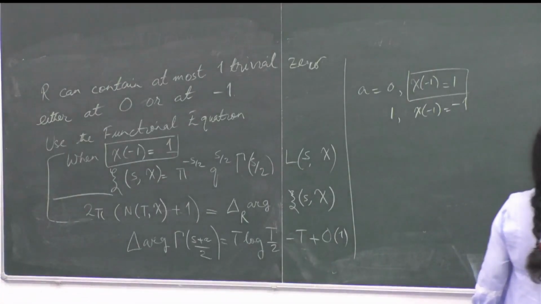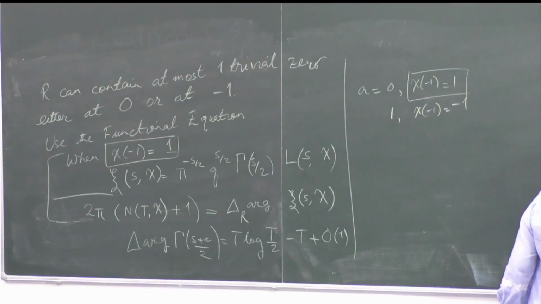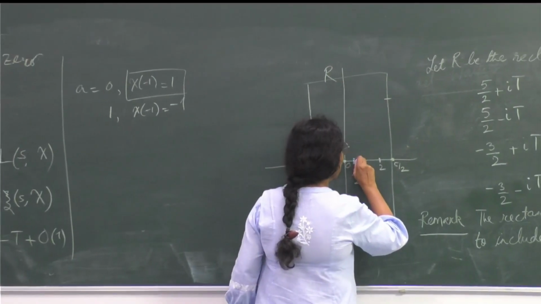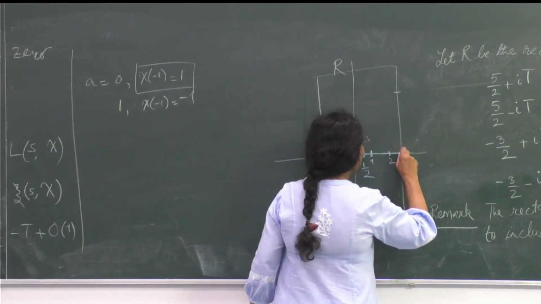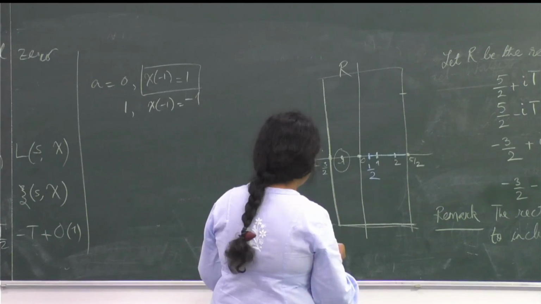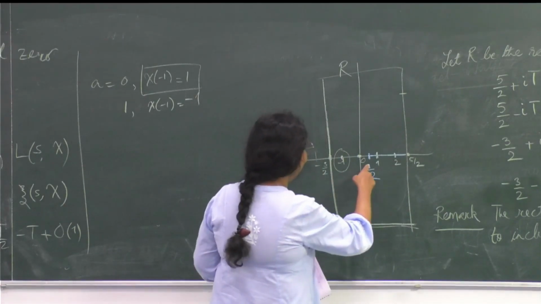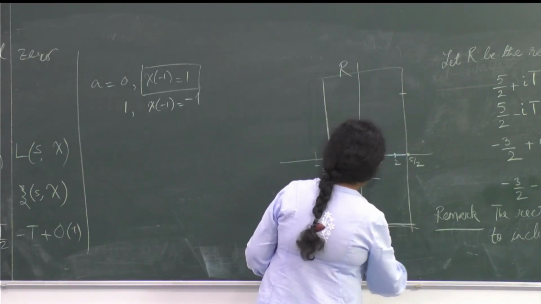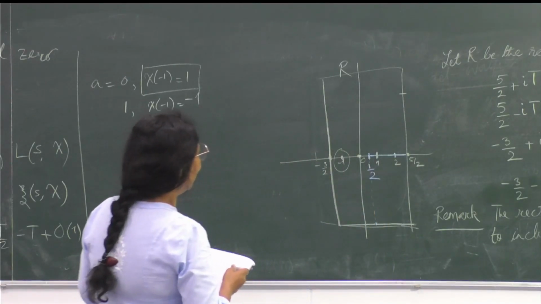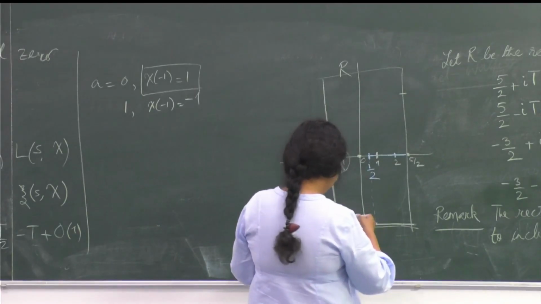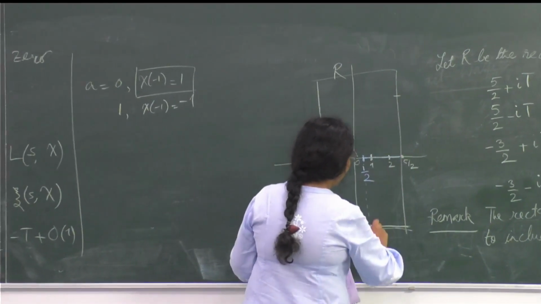Here, say half is here, okay. If I take half minus iT to 5 by 2, so half is here, and I have my iT here. 5 by 2 minus iT. This is 5 by 2.